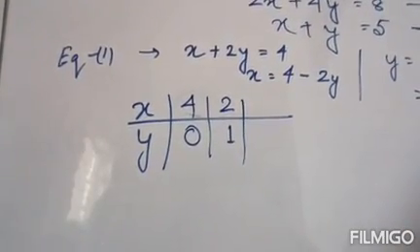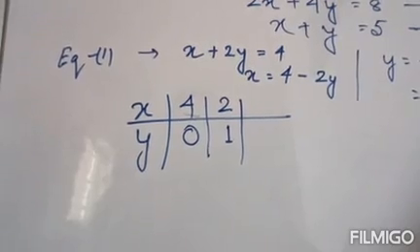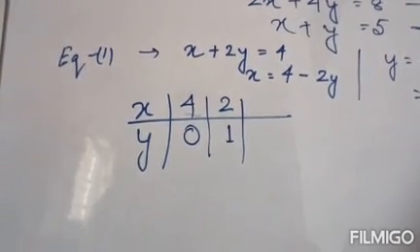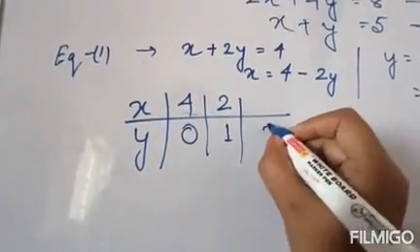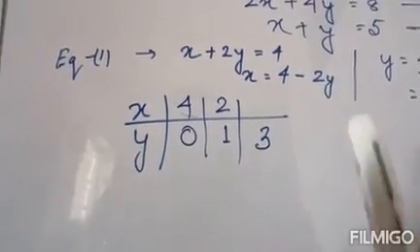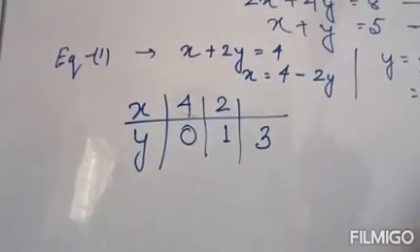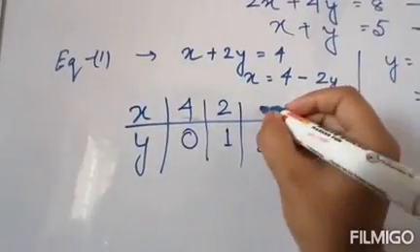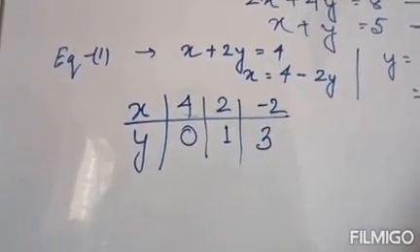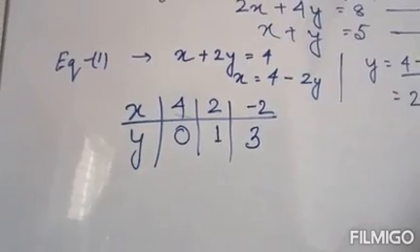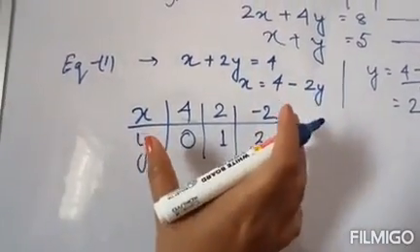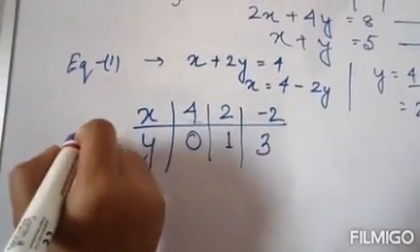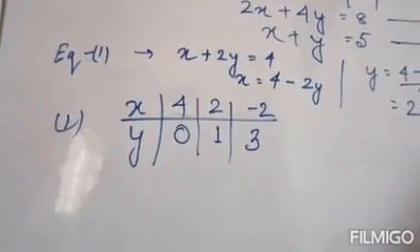Now let us take y's value as 3. 3 into 2 is 6, and minus 6 plus 4 will be minus 2, correct? So I have got the points for my first equation.